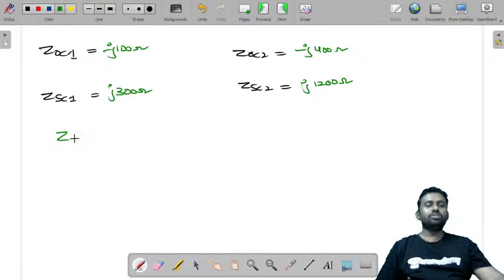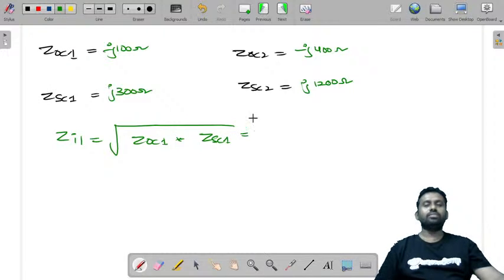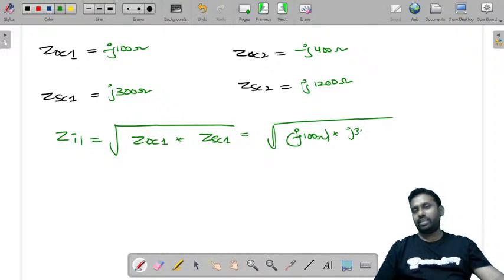Once you are done with this, you need to calculate ZI1, that is under root of ZOC1 into ZSC1. This is root over minus J100 ohms into J300 ohms. ZI1 you'll get as 173.21 ohms. What is ZI2?